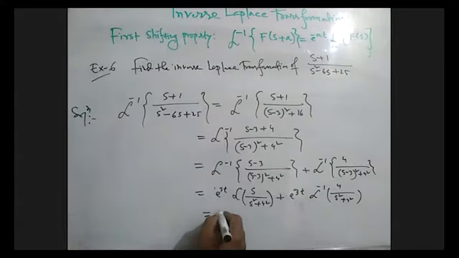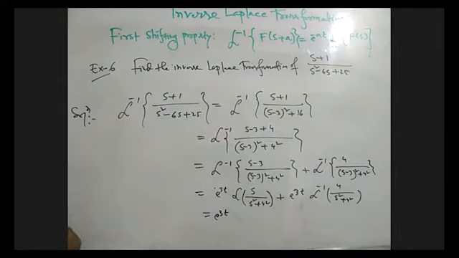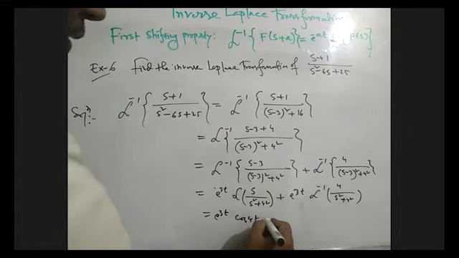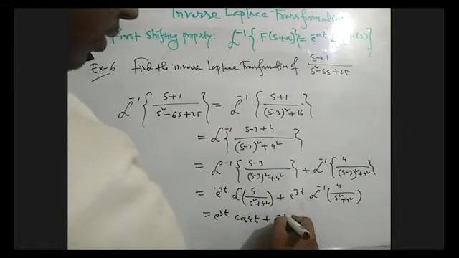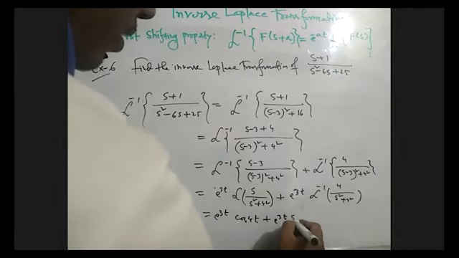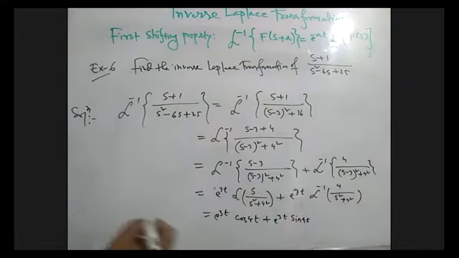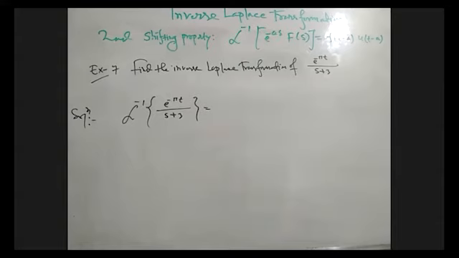Just using the formula, if the parameter s exists in the numerator, then it will be cos, so cos 4t, plus e to the power 3t sine 4t, because there is a constant and there is no parameter. So this is the result for this example.